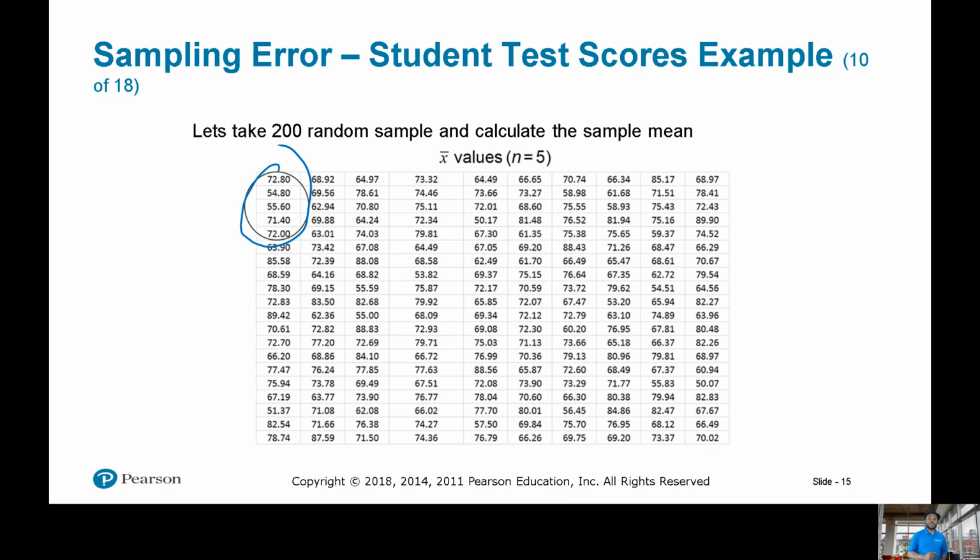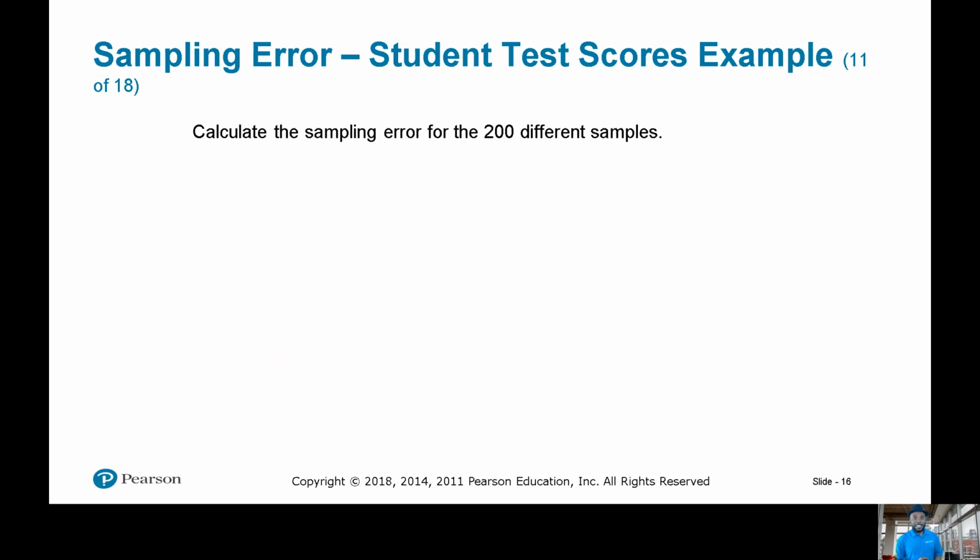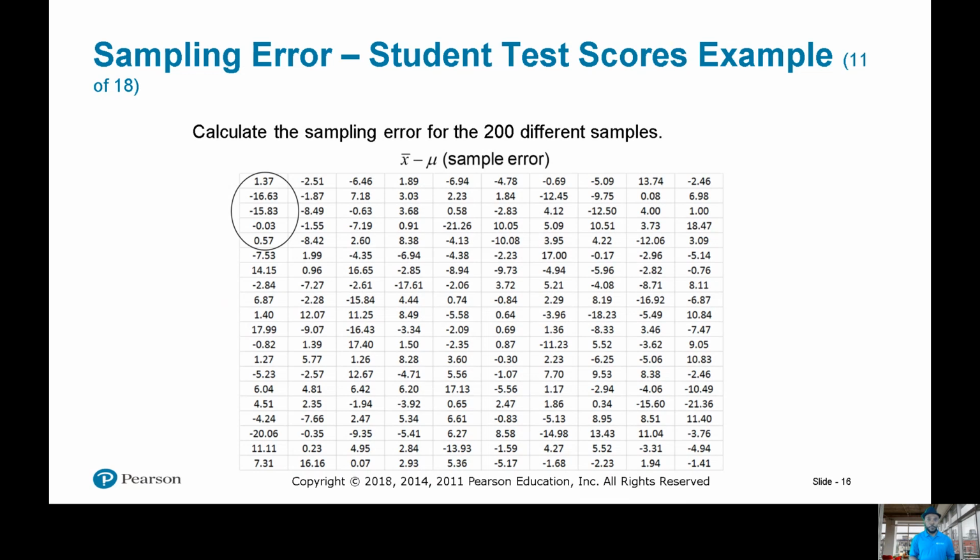Now, one of the beauties of the sampling distribution of the means, which we're going to look at, is that if we find the mean of all of the samples, it will actually be much closer to the population mean. So here we calculate the sampling error for the 200 different samples.